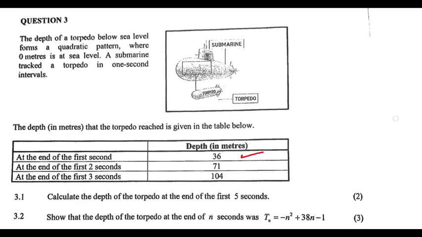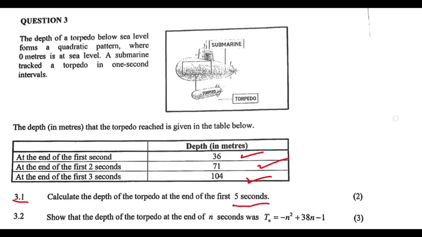At the end of the first 2 seconds, 71, and at the end of the first 3 seconds, 104. So the first question is 3.1. Calculate the depth of the torpedo at the end of the first 5 seconds.